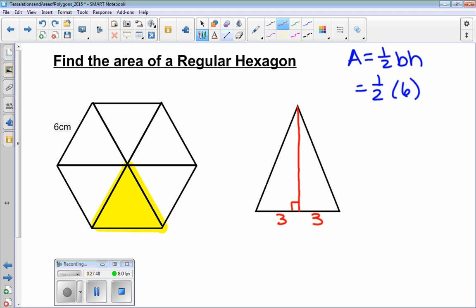Because you're going from one angle to the center. That's not why. Why is it isosceles? Look at the triangle, how it fits in the hexagon. Why is this distance the same as this distance?